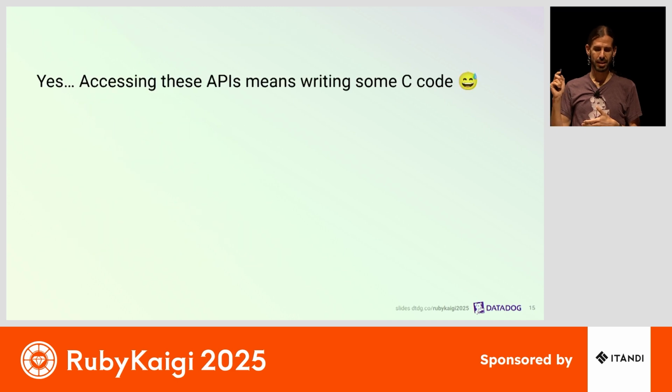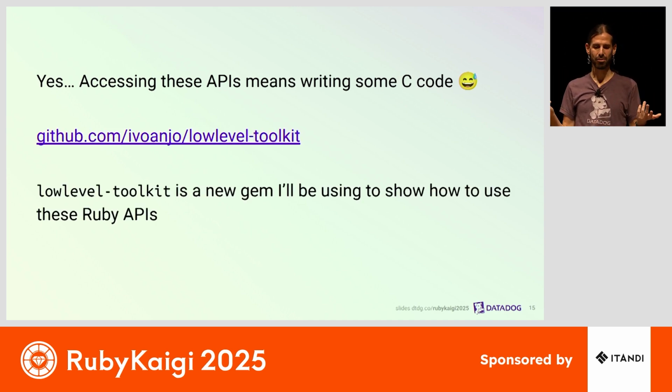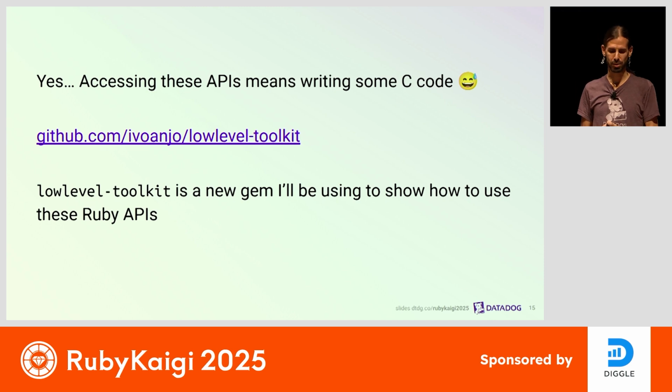So, yes, I will be showing some C code today. I'm sorry in advance. But to make it easier, I have created a new gem called Low-Level Toolkit, and I will be using this gem to give you examples of how to use these APIs. The whole idea of this gem is to be two things at once.